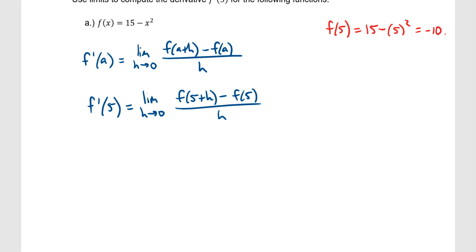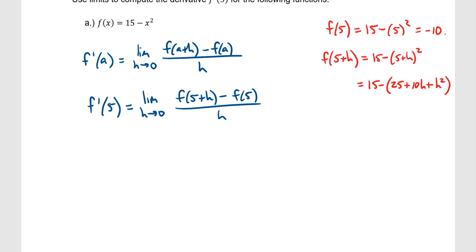And next, let's find f of a, or 5 plus h. And that's going to be 15 minus, instead of x, we have 5 plus h squared. And let's go ahead and simplify this. So 15 minus 5 plus h squared is going to be 25 plus 10h plus h squared.